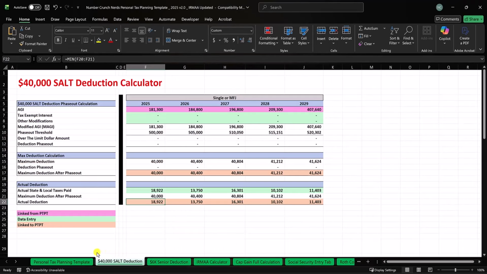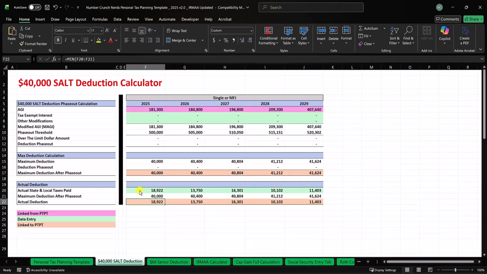Well, it's going to be linked right back here to the $40,000 SALT deduction limitation tab. Right here is the grand total $18,922, which we determined in the detailed calculation earlier in the video. In this particular example for how the personal tax planning template is set up for 2025, there is no deduction phase out, so we would be allowed the full $40,000 of state and local taxes. However, we are obviously limited to only the amount paid. You can't deduct more than you actually paid.